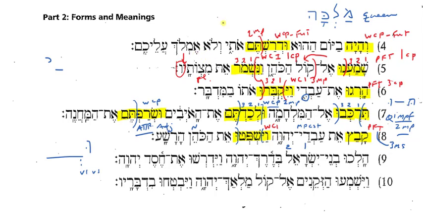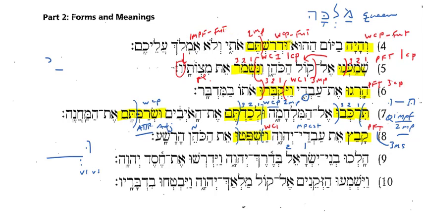Velo emloch. What's that? I will not rule. Now, look at emloch here. Is that a perfect, imperfect, WCI or WCP? It is an imperfect. And the imperfect will frequently be future too, right?